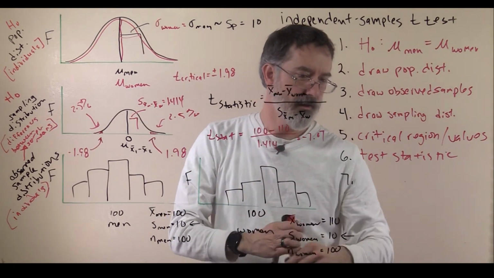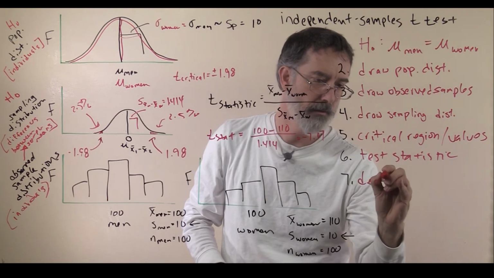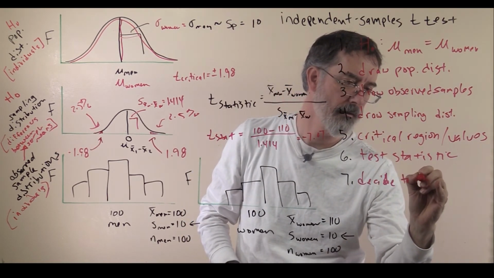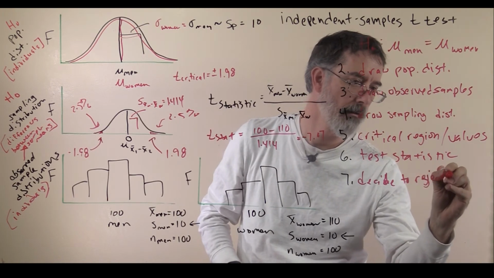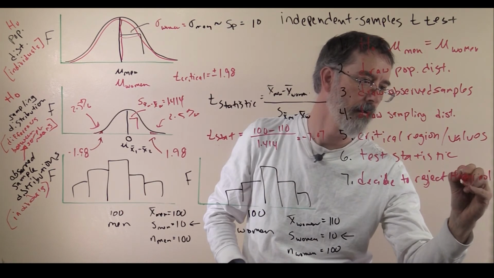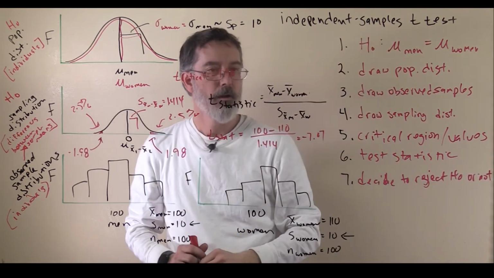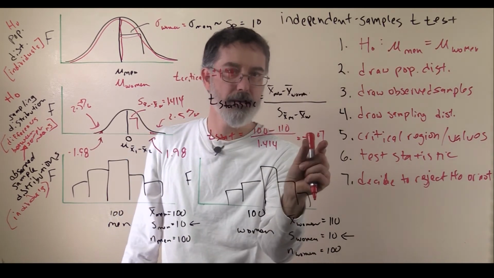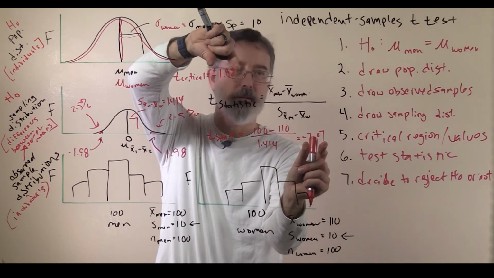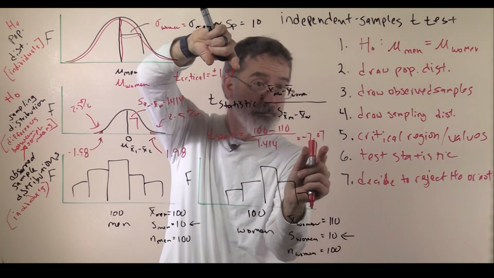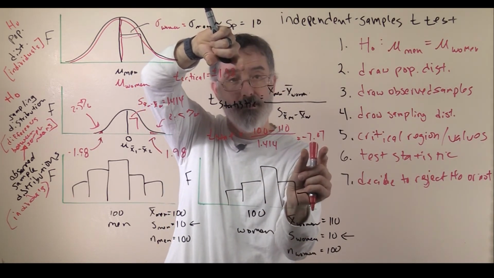Next, we will decide to reject the null hypothesis, or not reject it, right? And so, as usual, what we'll do is we'll compare our test statistic with our critical value, and if our test statistic, our t-statistic, is more extreme, we reject the null hypothesis.